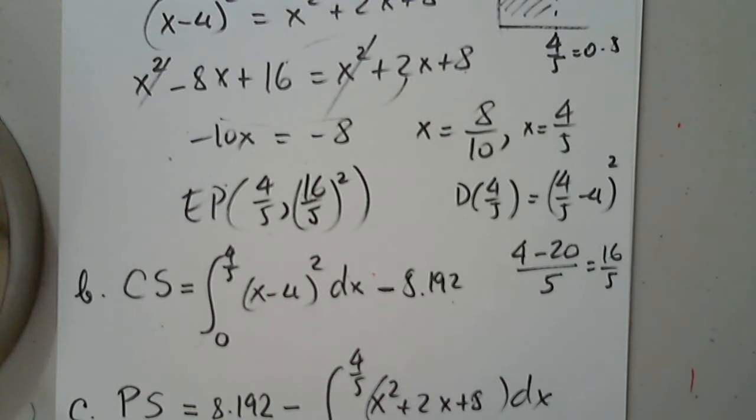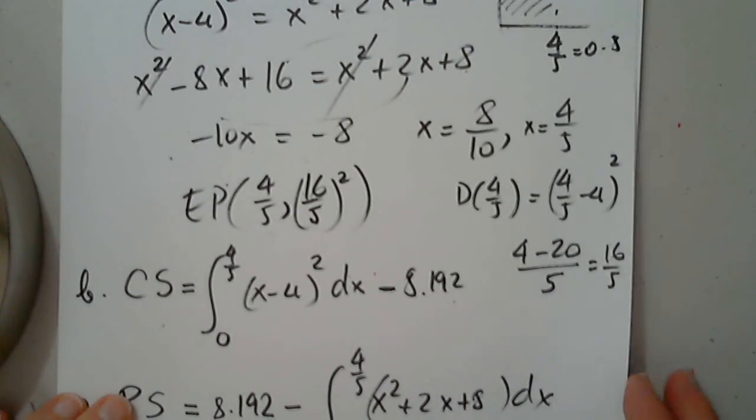And that's it. Of course, we have to calculate all this and see the amount of dollars for consumer surplus and producer surplus, but this is all we need to remember.